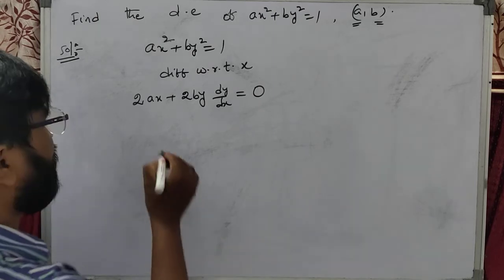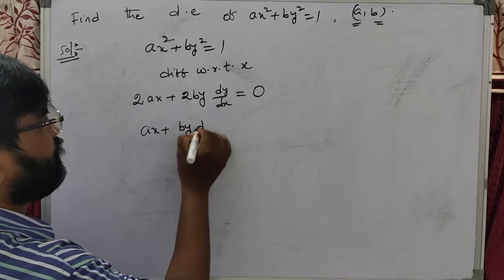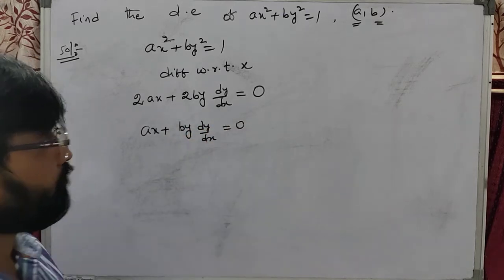Dear students, we got here ax plus by into dy by dx equal to 0.